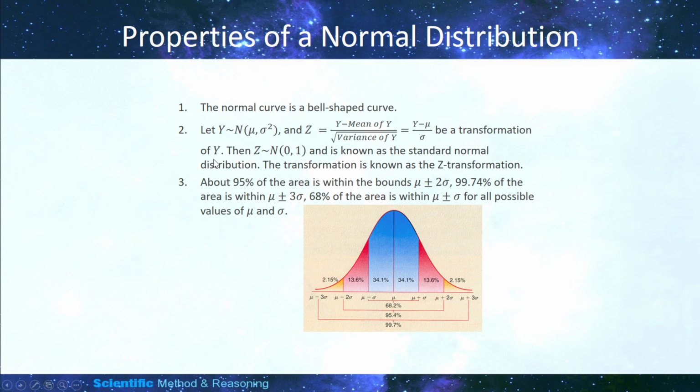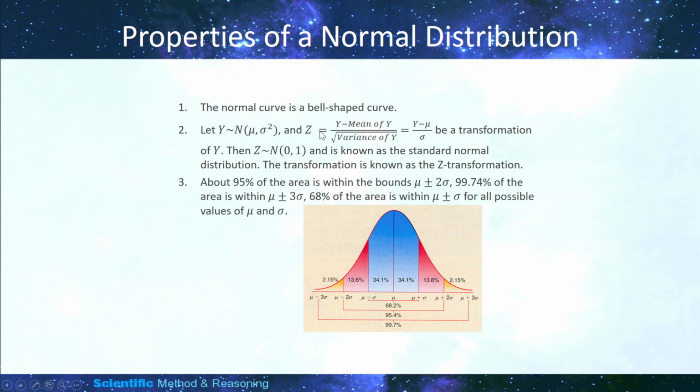We call this a z transformation, such that the transformed variable is known to follow a standard normal distribution. That means the normal distribution with mean 0 and variance 1 is what we call the standard normal distribution.